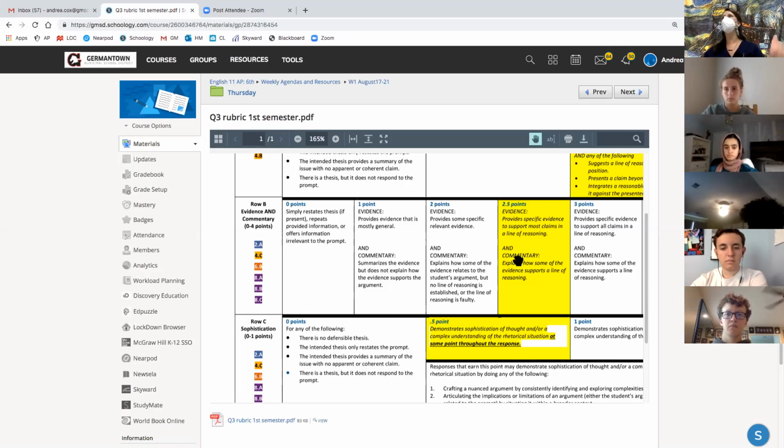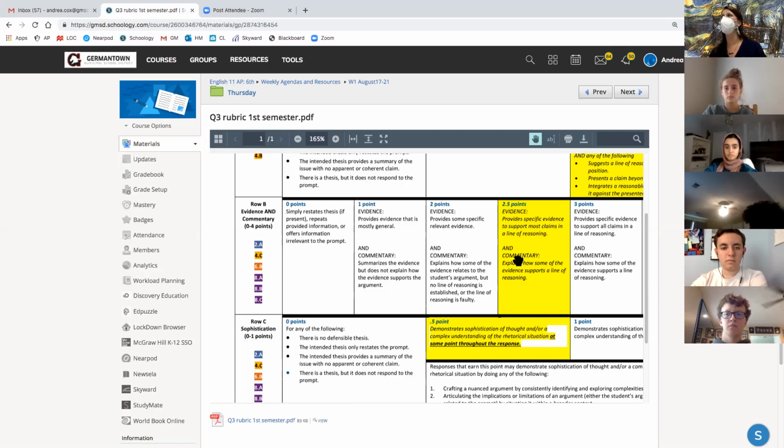Like you don't have to write that super rigid CPAR body paragraph this year. A more organic essay is most likely going to score higher than a CPAR essay. There's nothing wrong with CPAR. I don't want you to think, oh my gosh, it's been a whole year writing CPAR and now I'd never have to use it again. That's absolutely untrue. CPAR is still good if you get in the position and you can't think, what should I do next?